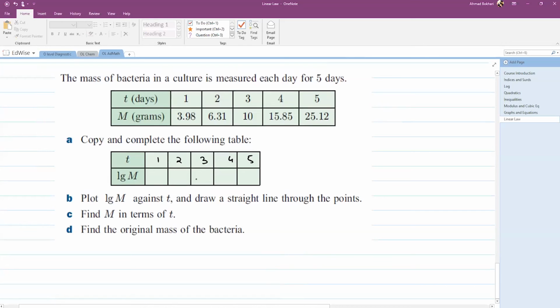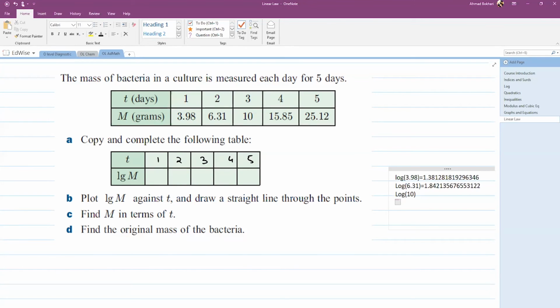Then we'll take the values of log. I don't have a calculator here, so I don't know if I can do that here. It's going to be 1.38 for this. So I'll do it for the next one. It's going to be log 6.31. Sir, I'm using my calculator, and for log 3.98, I have a totally different answer.